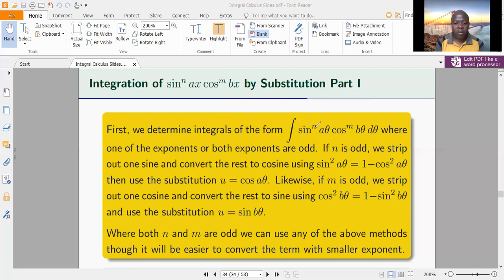If they are both odd, we consider the one that is smaller. Supposing n is smaller than m, we strip out one sine and convert the remaining sines to cosine. But if m is smaller than n, we do the same thing: we strip out one cosine and convert the rest to sine.